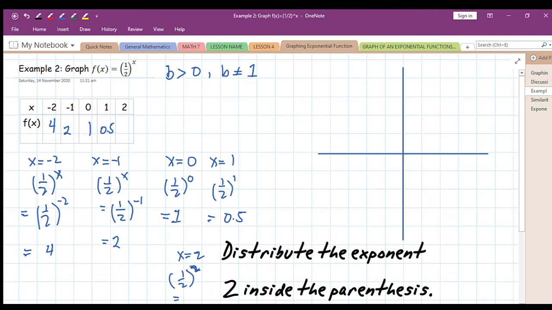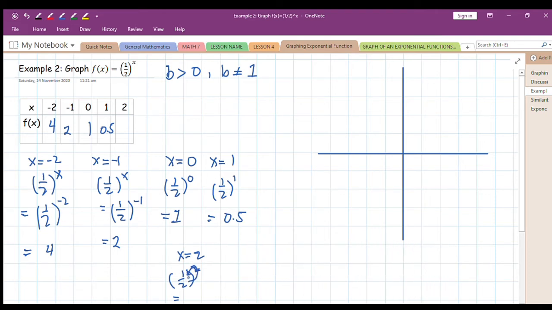So we have 1/4, and convert that fraction into decimal. So we have 0.25.